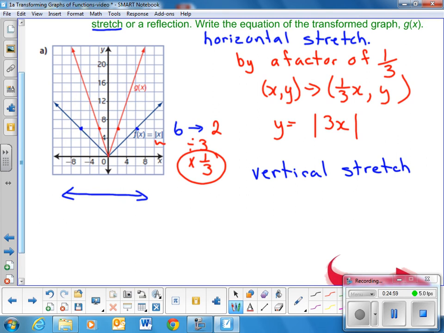I'm going to use the same point, but I'm going to look at the distance between that and the x-axis. So the original distance was 3. After the transformation, it went from here down to the x-axis, and so that value is 18. So it moves from 3 to 18. That means that we multiplied by 6.